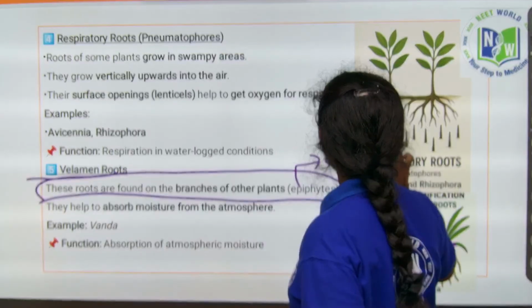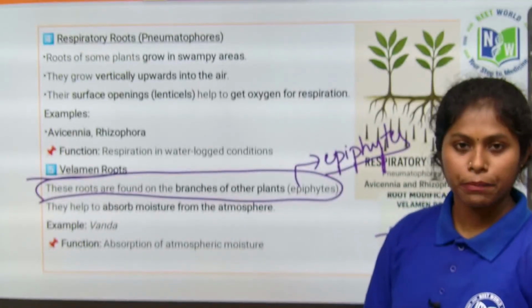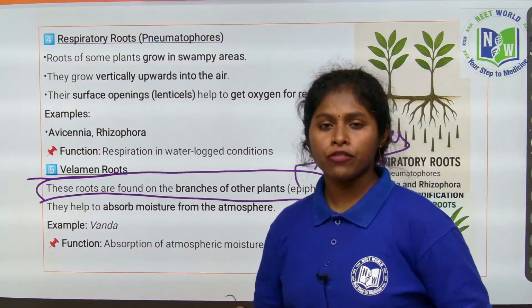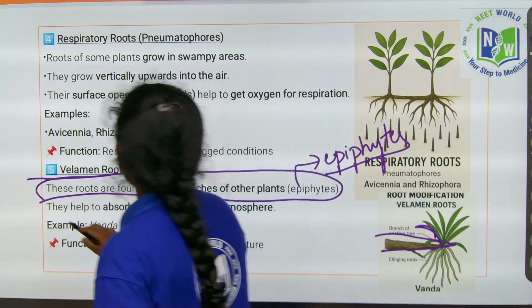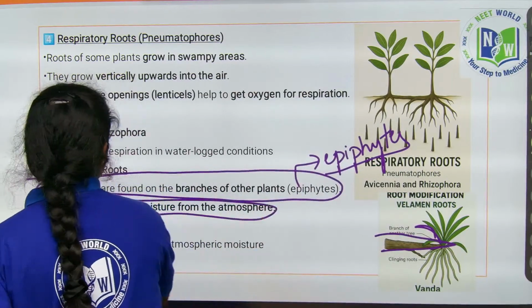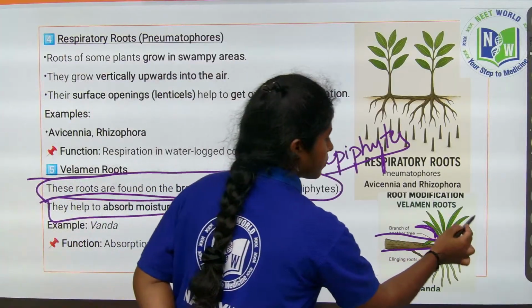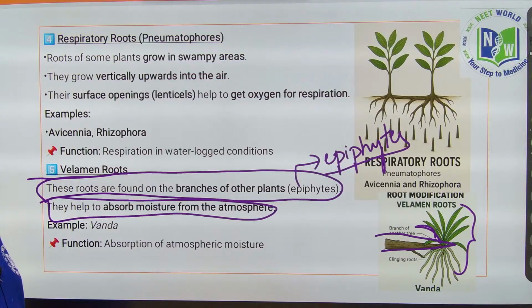The plants found on other plants' branches we call epiphytes. They do not depend on the host for any food or nutrients. They help to absorb moisture from the atmosphere. How can they absorb water from moisture? From the moisture, they absorb the water.